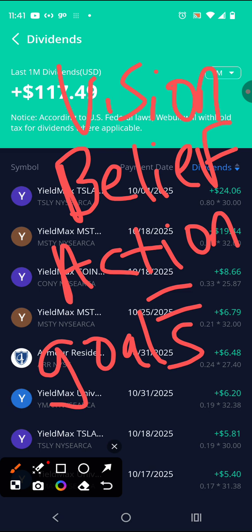Get your vision, your belief, your actions, and your goals pop up in that order. It could be mixed up, but the vision is what you see yourself having, right? I see myself having $10,000 a month from the stock market. That's my vision. My belief, even though I can't see it, I can see it already before I get there. Okay?